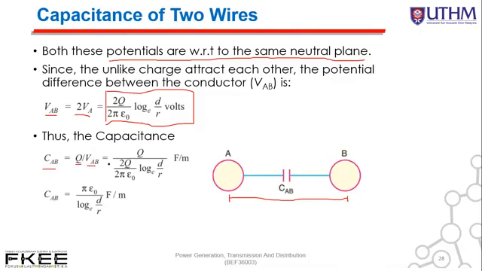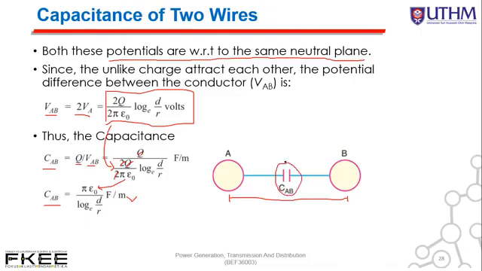So we can simply remove the Q and the 2, and we get CAB equal to pi epsilon naught divided by log d over R. So CAB is the capacitance between these two wires.